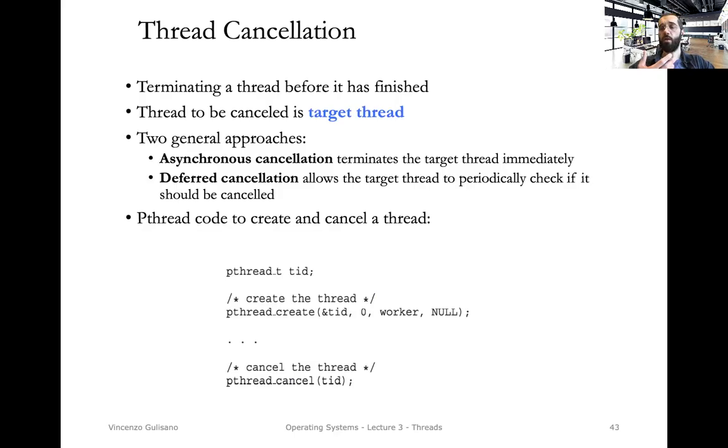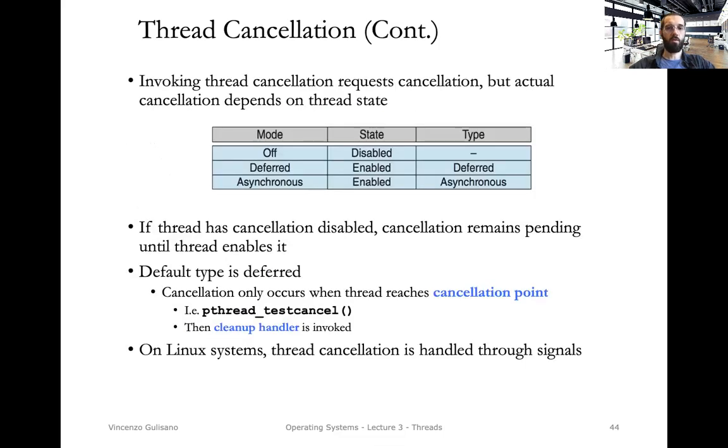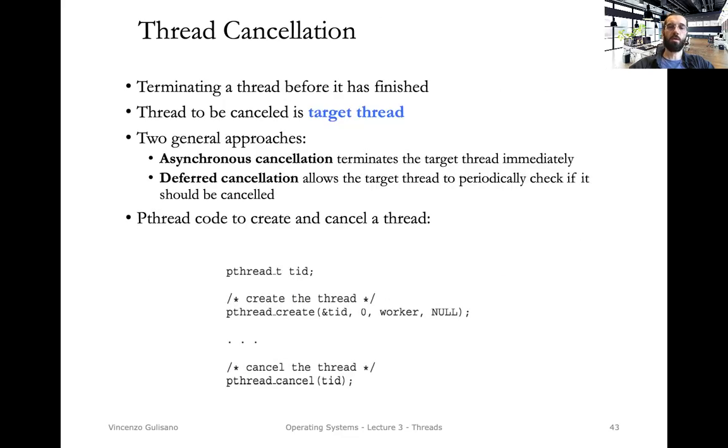And then you also need to take into account how you handle the cancellation of threads. There are two ways in which you can go, basically. You have the details here, and in the next slide you also have more details in the table about how it actually works. But simply put, you can either terminate the target thread immediately.